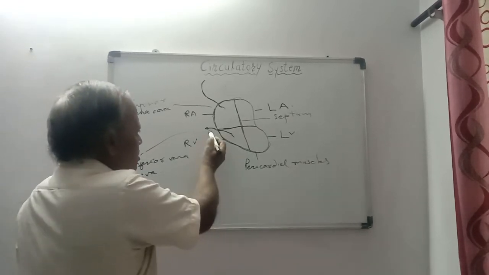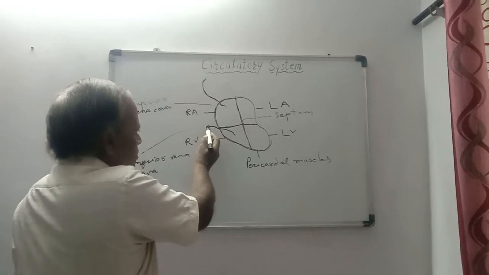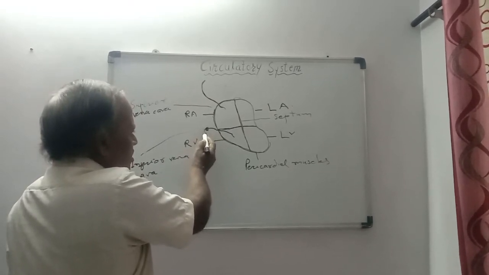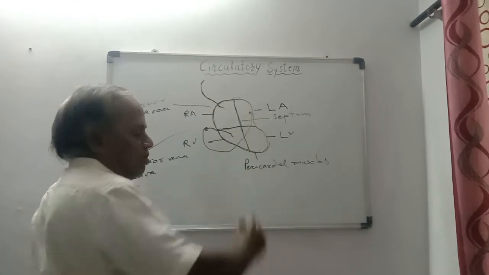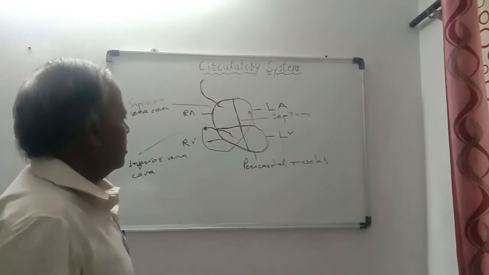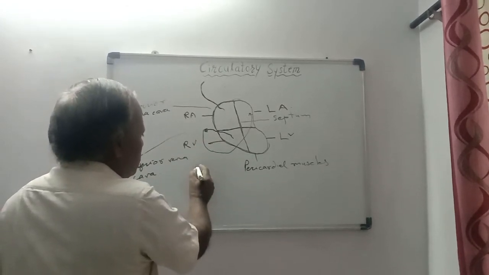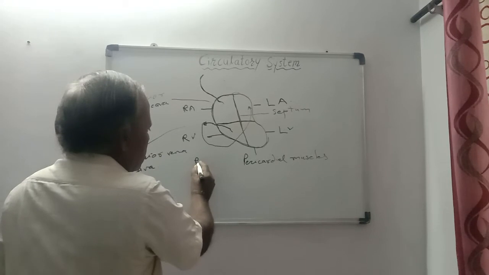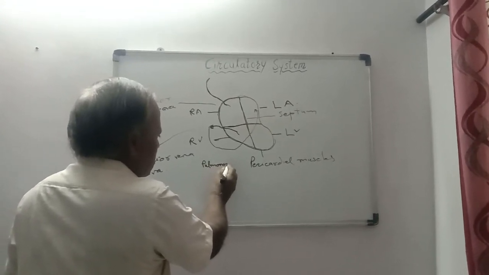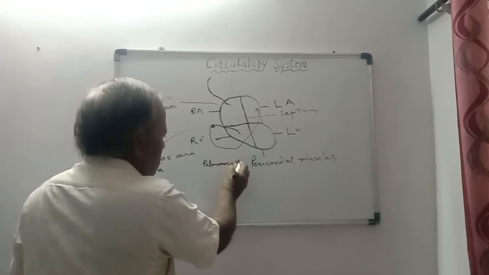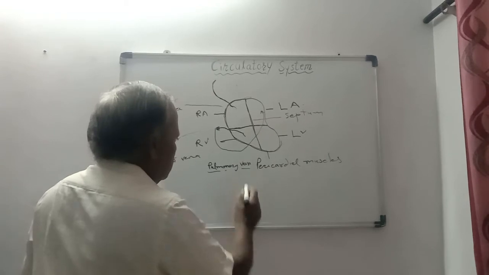Then the oxygenated blood will return back to the left auricle with the help of the pulmonary vein.